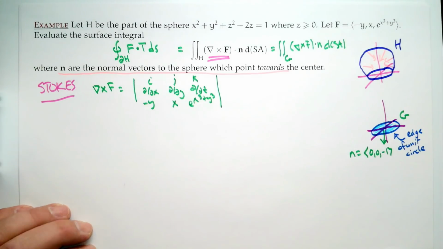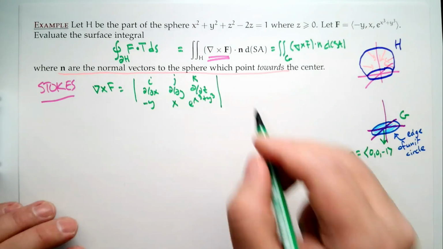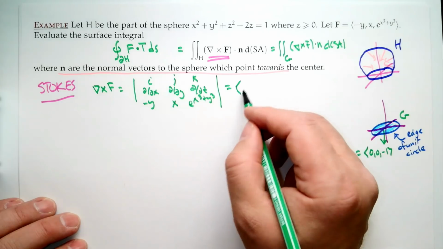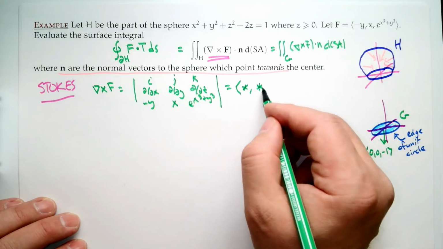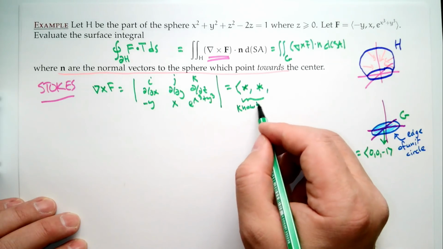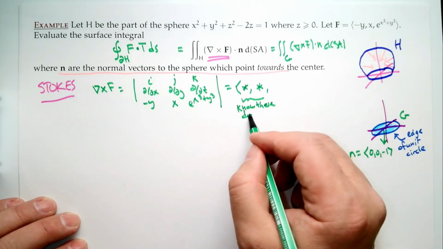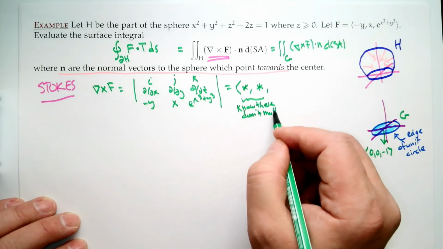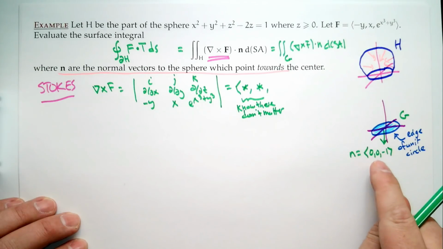Now, we could do the whole thing, but I see there's a lot of problems we still have yet to do. So I'm going to make a note that this is something, something, and here we know these don't matter. I'm making a note. You could actually compute these, but why don't they matter? Because of the normal.